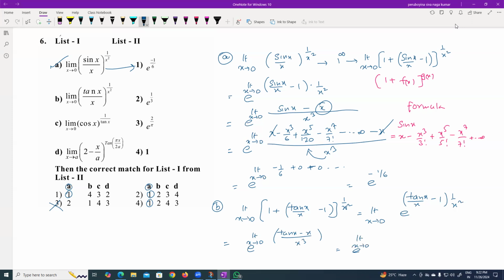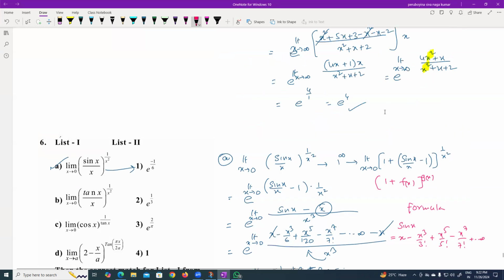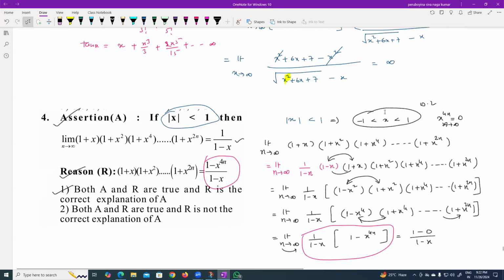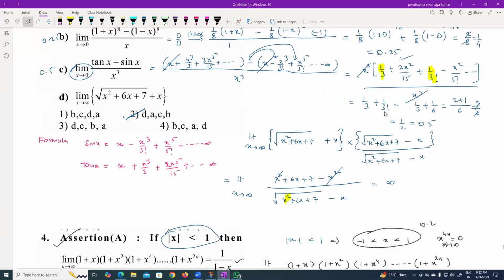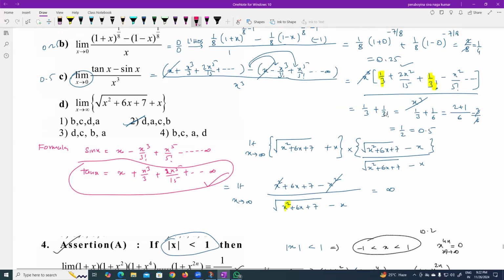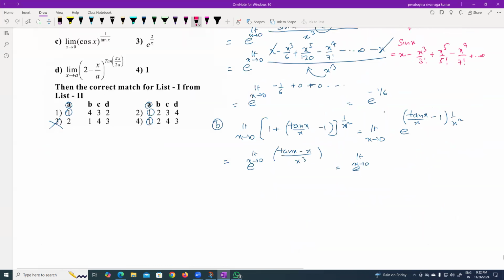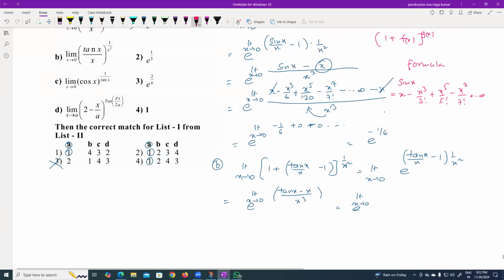And you should recall the formula for tan x. We have discussed tan x many times already. What is the formula of tan x? Remember this: tan x is x plus x cube by 3 plus 2x power 5 by 15. We will substitute that result here directly.